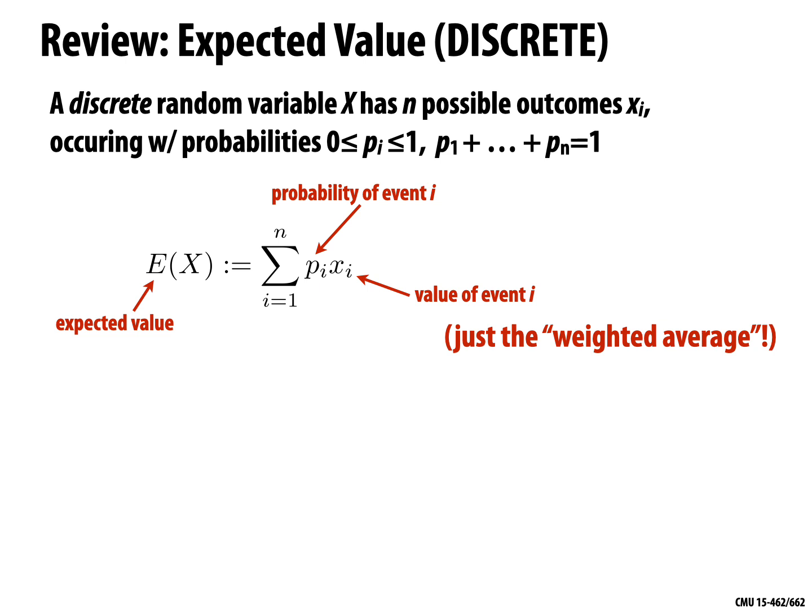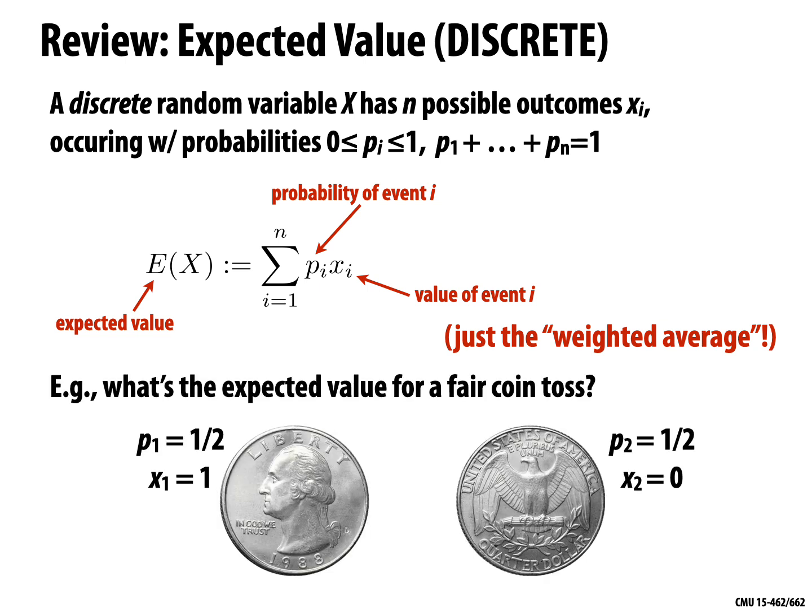So here is a simple example. Let's say we have a coin, we flip it, and we say if it comes up heads, we assign a value of 1. If it comes up tails, it is assigned a value 0. We say that this coin is fair if these two possibilities, heads or tails, are equal in probability.